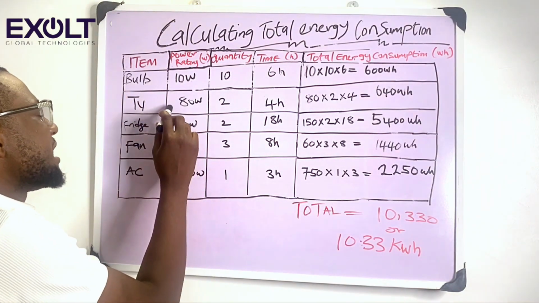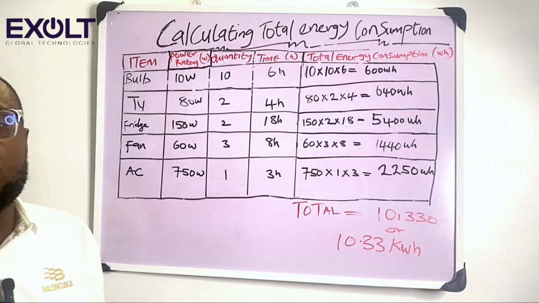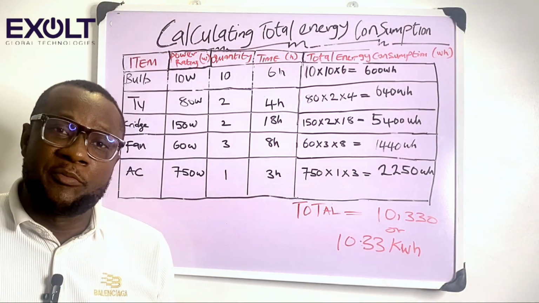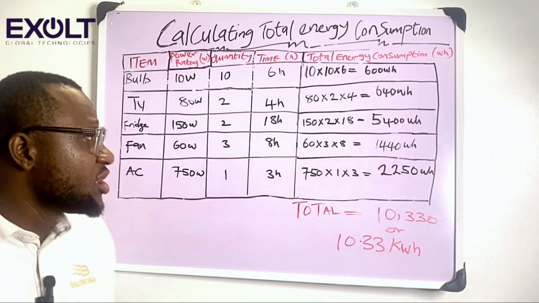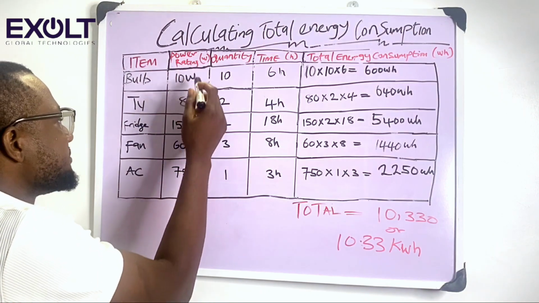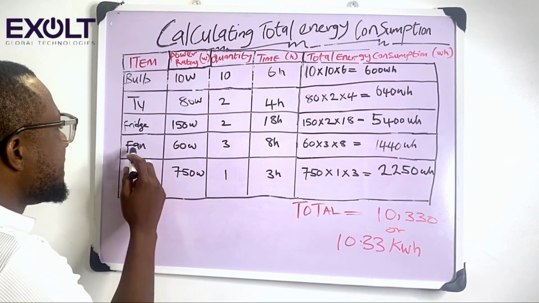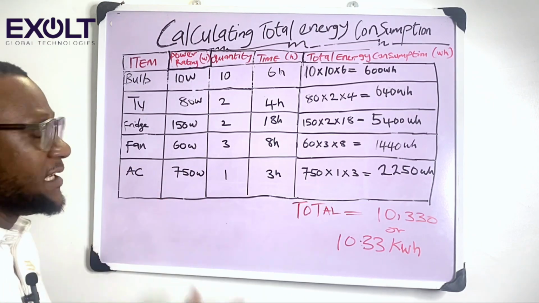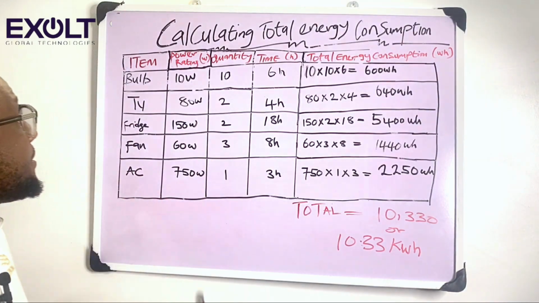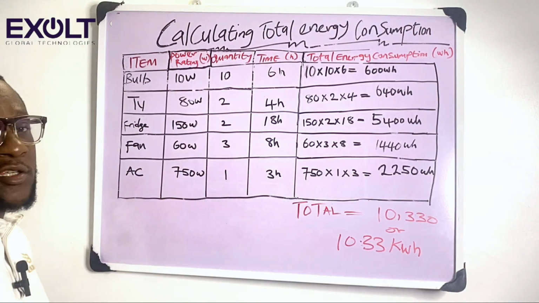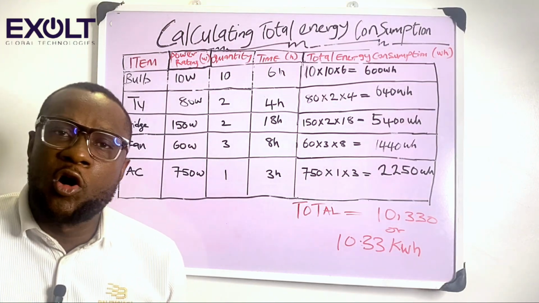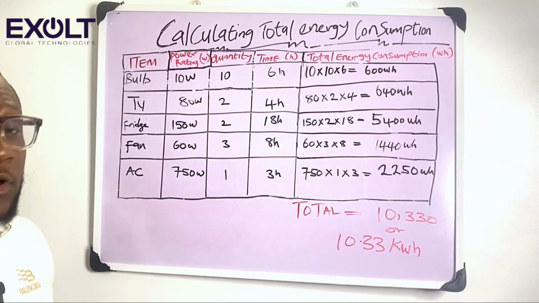If it is not written, you can take the model number of that equipment and go online to search for the total power rating. The same applies to the refrigerator, the fan and the AC. You can perform a little research, either by checking the equipment or going online using the model number, to confirm.